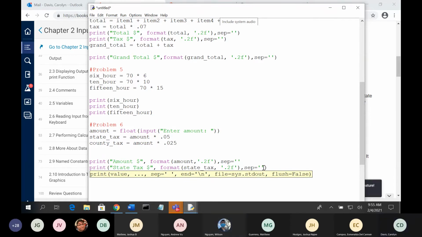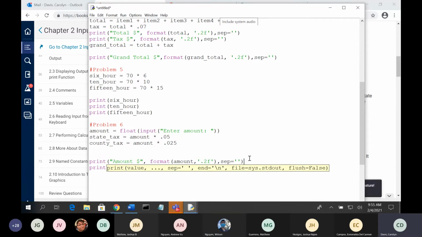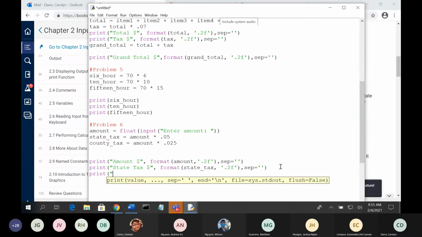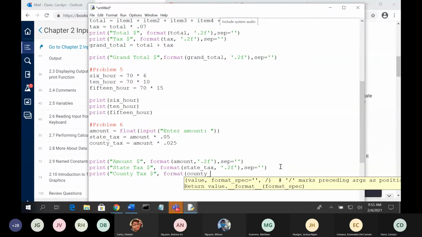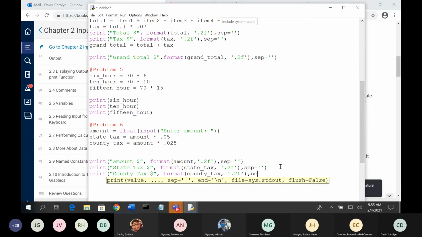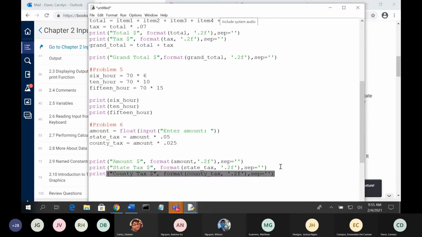Right, that's that big one. Oh, there it is. To add them all up.